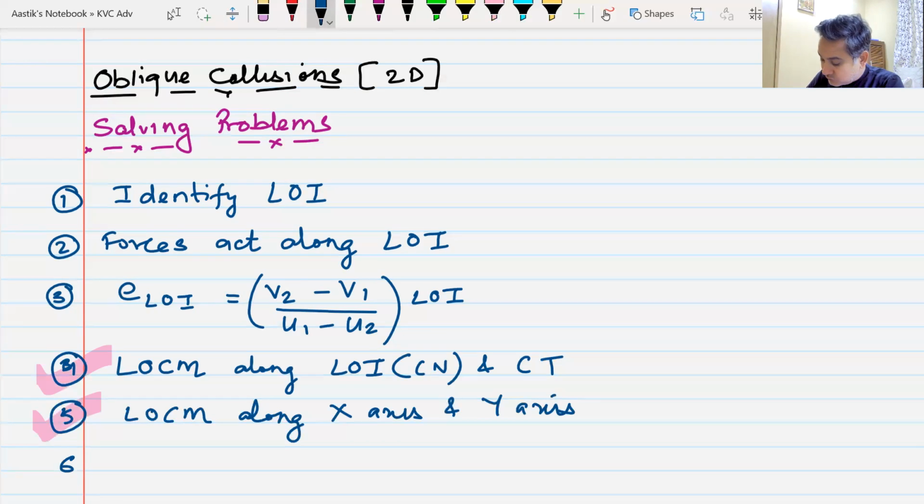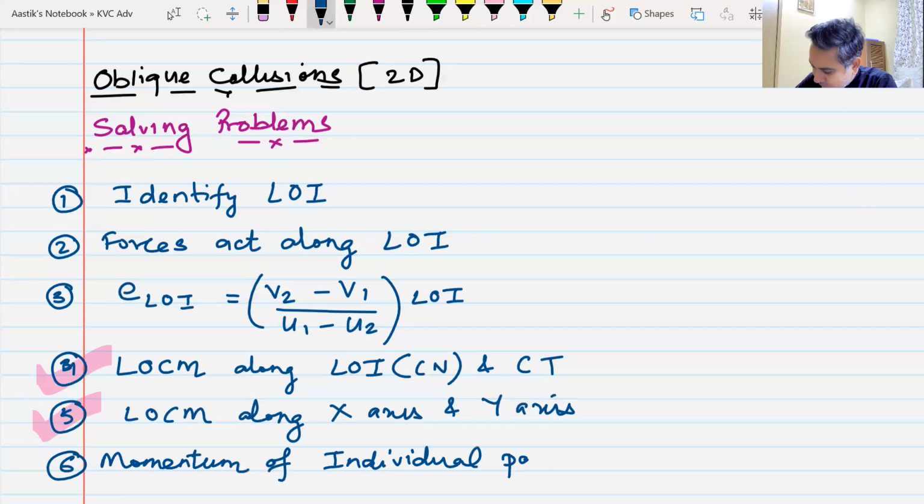Then the momentum of individual particles don't change.